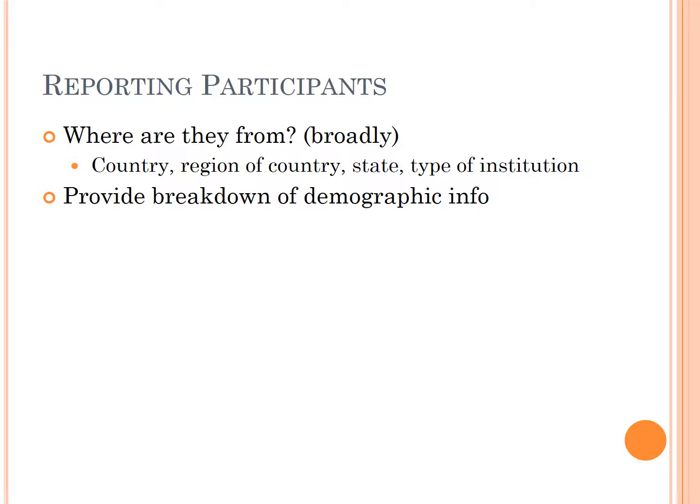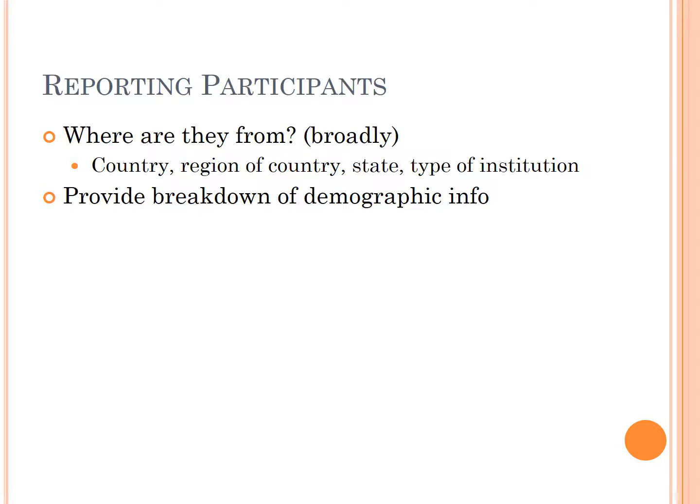You also want to provide a breakdown of the demographic information to be able to allow other researchers who are reviewing the work a chance to understand how different demographic variables might affect the different variables in the study.